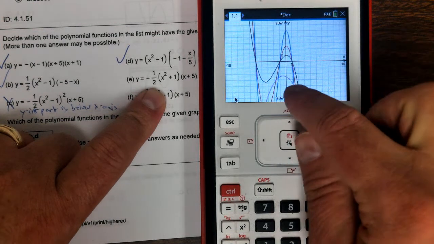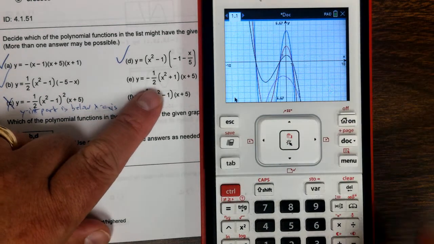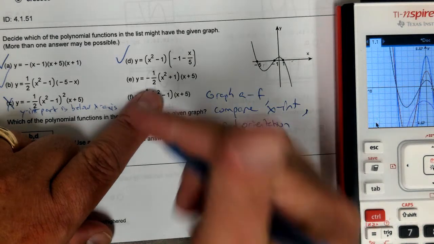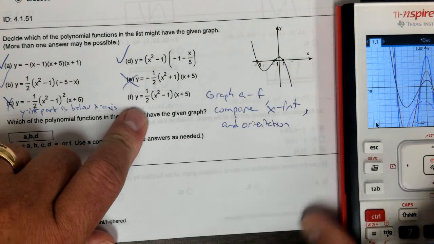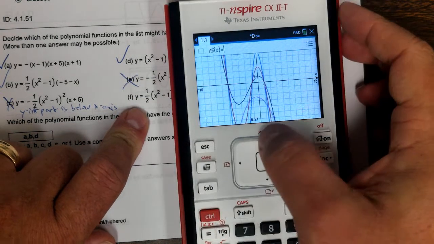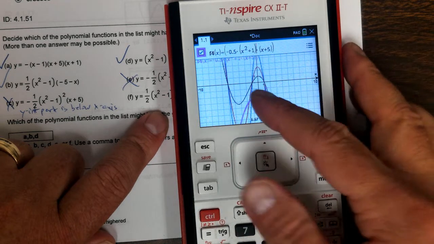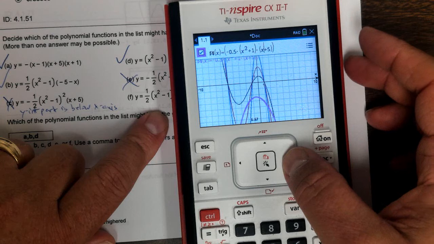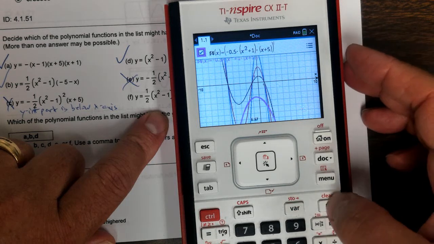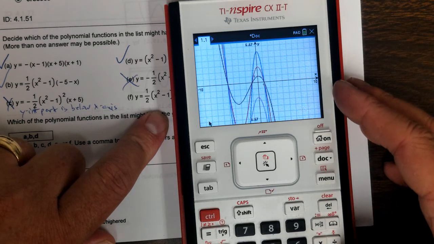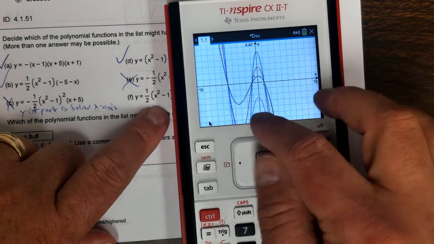That one has a problem down here. So again, the y-intercept part. And if I make, oh, I forgot to put this parentheses in there. Okay, but it still has a problem.